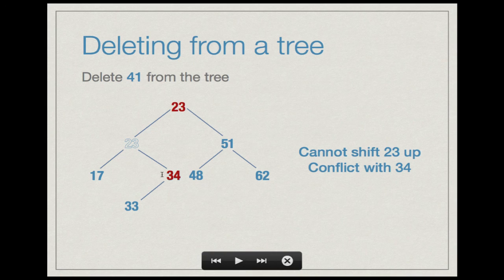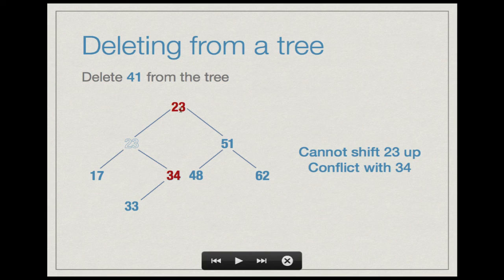Any node in the left subtree has to be smaller than the value at the root, and if we push 23 up to the root, then there is a conflict between 23 and 34.